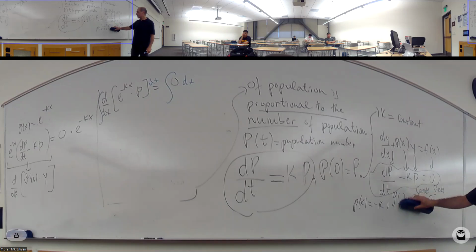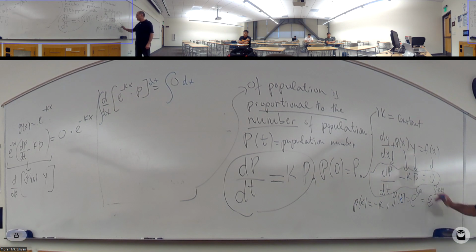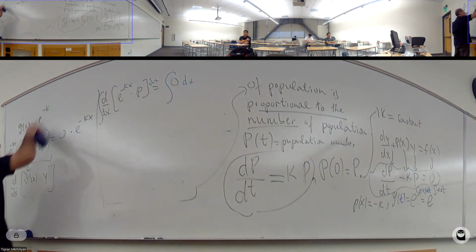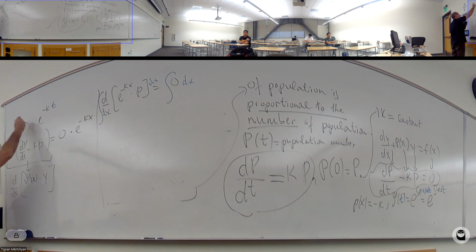So I should have said t here, t here, t, t, t. I don't have x.